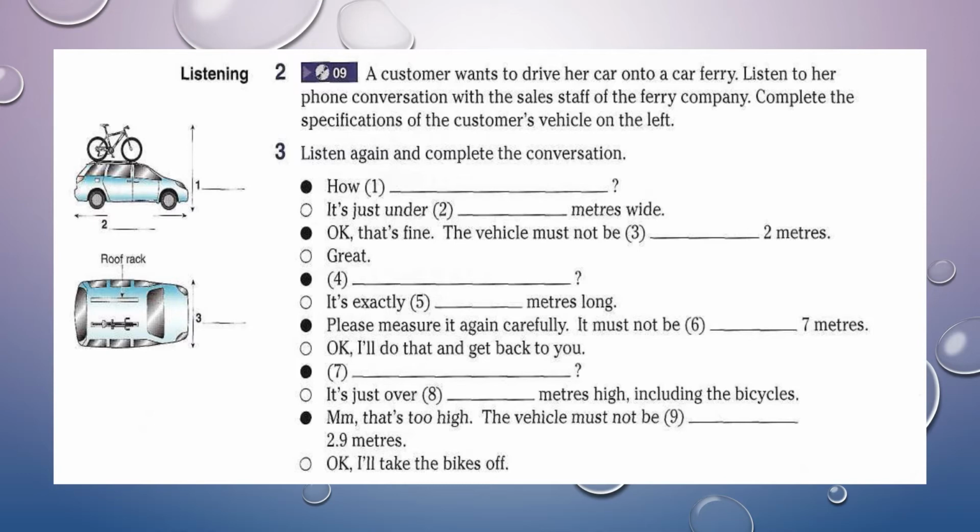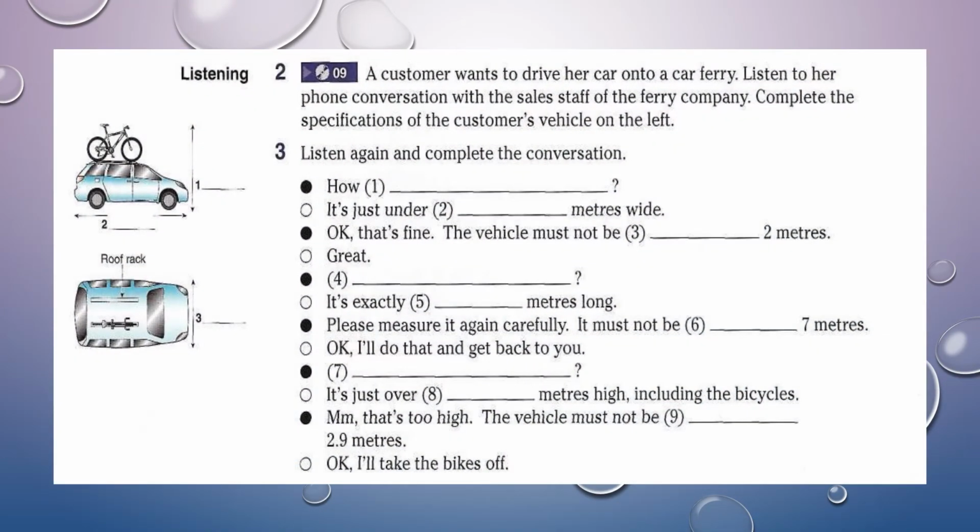Okay, thanks for listening. Now, please try to answer exercise number 2 yourself. Thanks for listening. Now, please, let's fill in or write the specifications of the customer's car. Number 1, what's the height of the car?